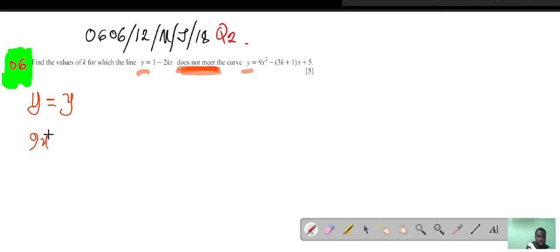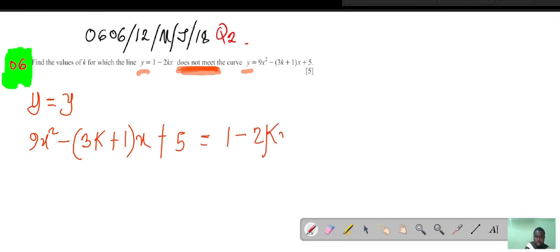9x squared minus (3k plus 1)x plus 5 equals the other y, 1 minus 2kx. A very smart examiner, because you will notice that there is x here and there is x here, so I need to bring all x together. This is what I'm going to do.